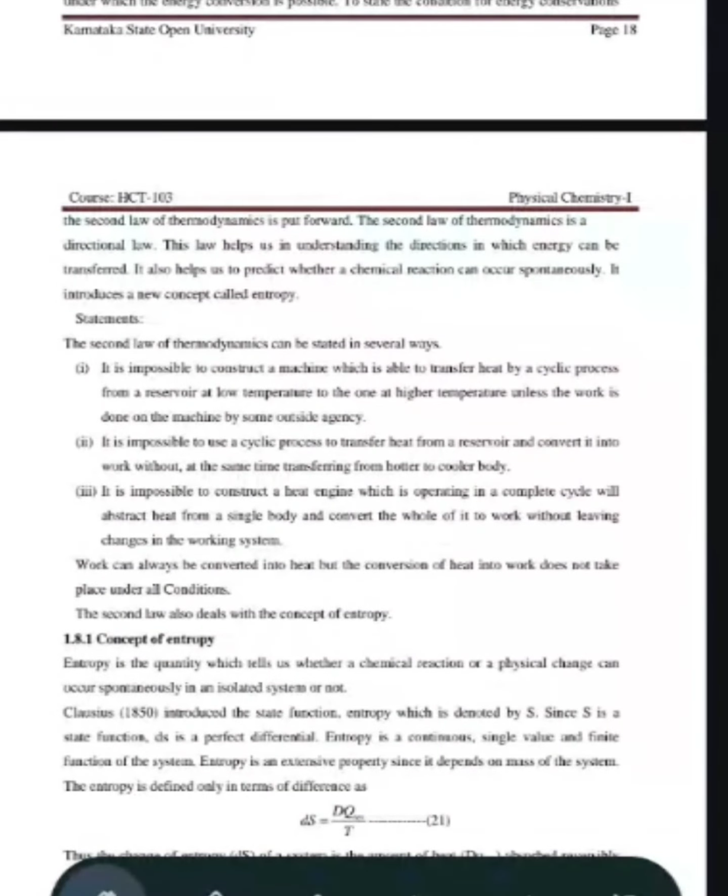It is impossible to construct a heat engine which operates in a complete cycle. So the second law of thermodynamics helps us to understand the direction in which energy can be transferred, and whether the reaction is taking place spontaneously or non-spontaneously. Next, what are the concepts of entropy?